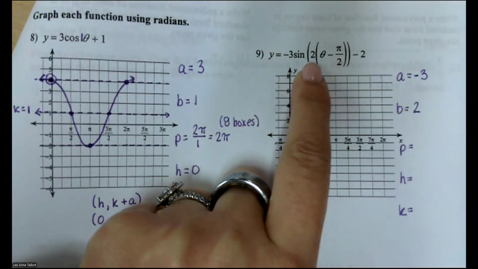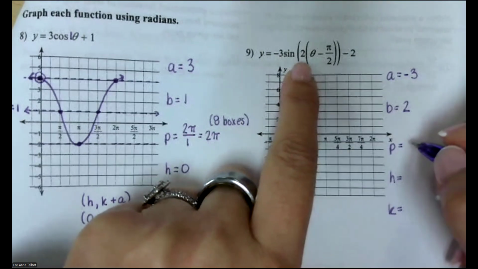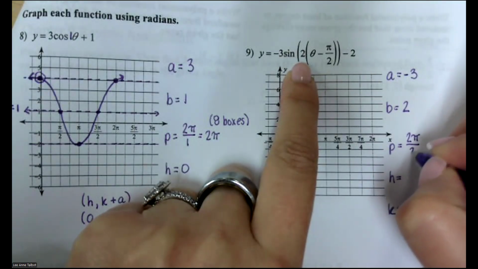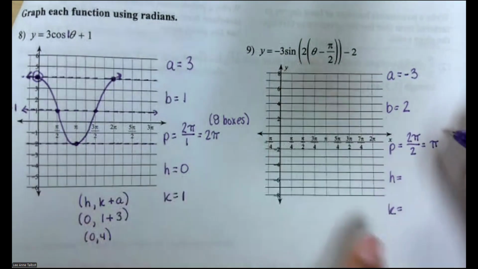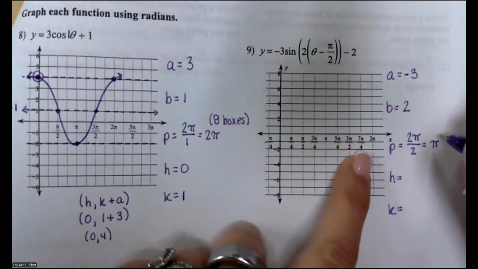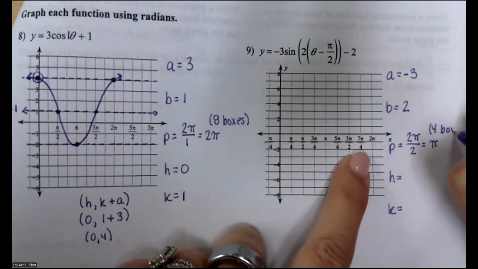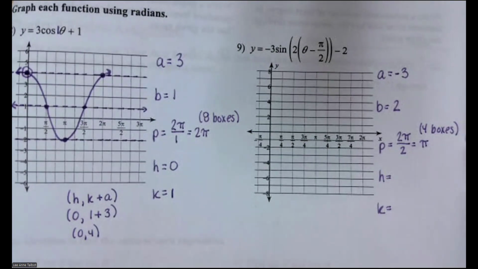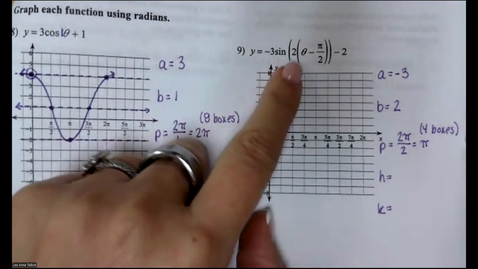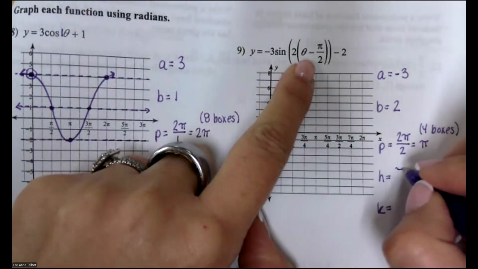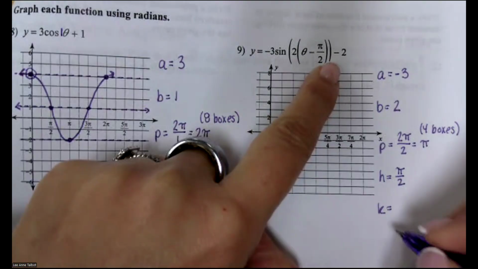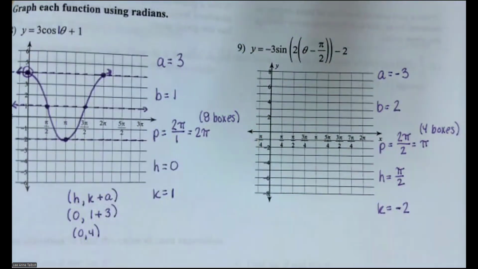B is 2. Period is 2 pi divided by B, which is pi, which is 4 boxes. H is positive pi over 2. K is -2. Ooh, a whole shebang problem.